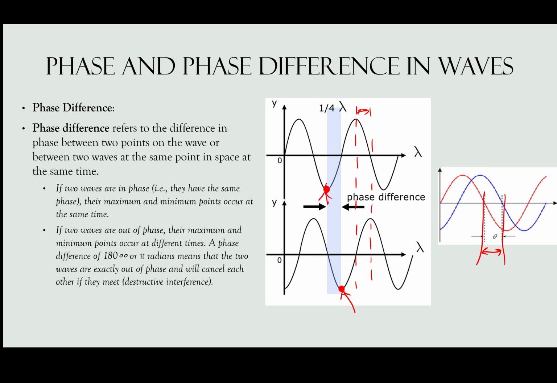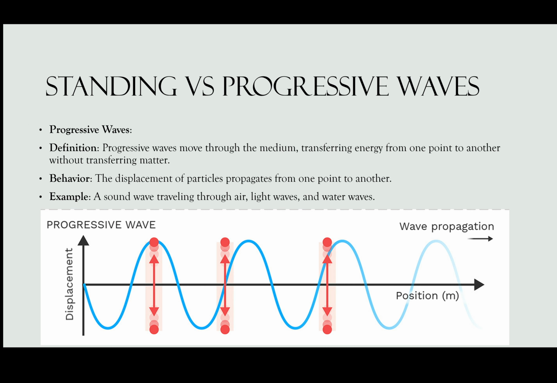Hopefully you get the gist of when something is in phase or out of phase. If the phase difference is around pi radians, which is 180 degrees, then they're completely out of phase, and we meet the term destructive interference. We're going to talk about that when we reach interference patterns. We're not going to touch it right now, but keep phase in mind.